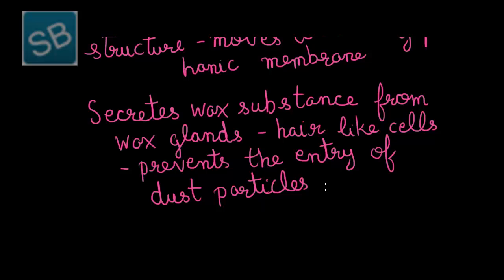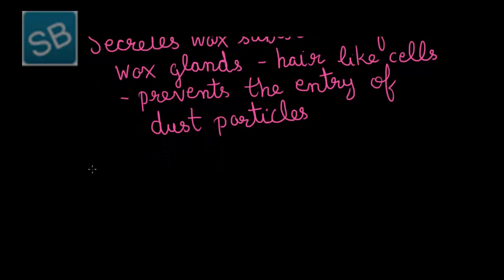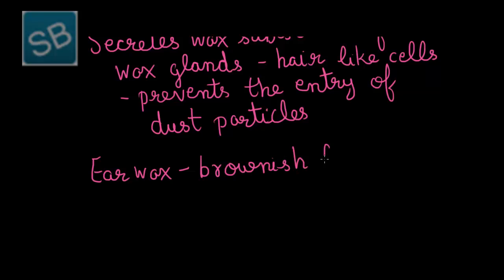This entry of dust particles is mainly restricted by these hair-like cells due to the presence of this waxy substance that is secreted from the wax gland. This waxy substance is known as earwax, which is a brownish colored fatty substance.